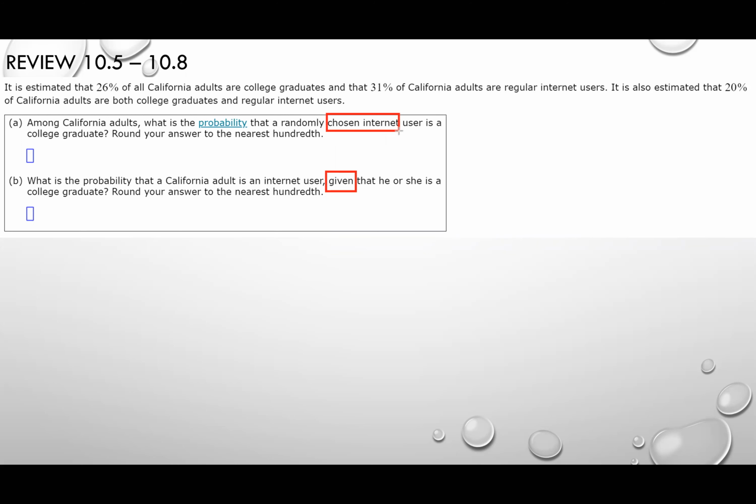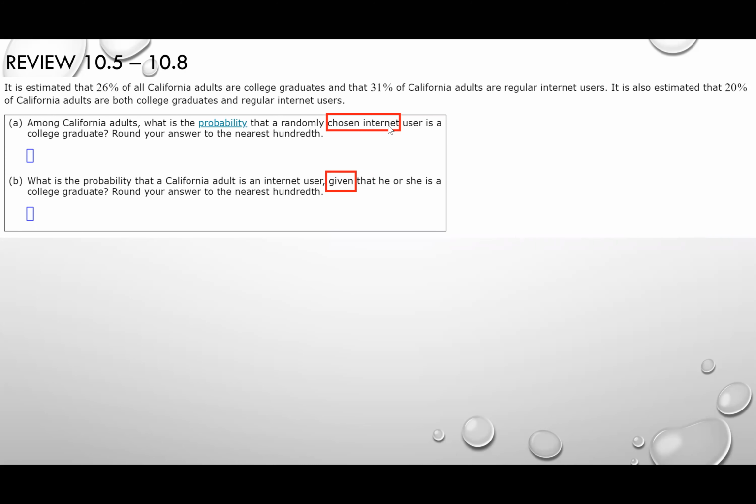The condition that we have is the internet. So we want to choose a college student given that they are an internet user. I don't really know how to explain this wording. For me, it's clearer if they give you the word given, but this way, the way that they structure it is basically the same concept as finding the probability that it is a college graduate given that that person is using the internet, or choosing the internet. Okay.